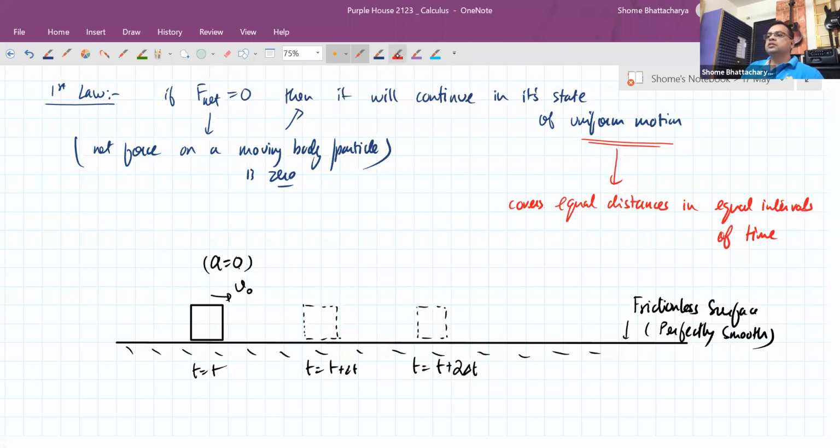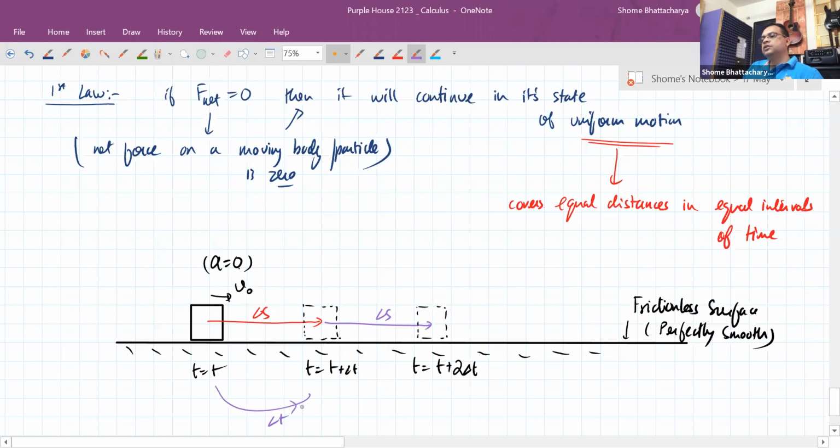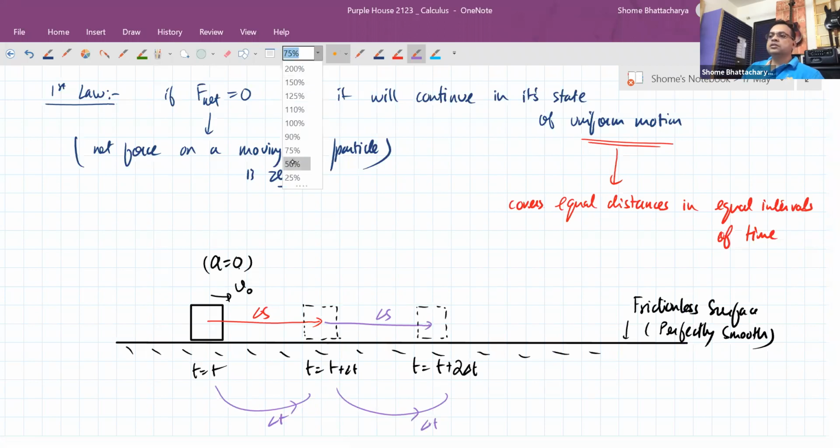Whatever distance it traveled from here to here, let's say that was delta s, that should be equal to the distance it has traveled from here to here, because it's an equal interval of time. From here to here, the time is delta t. From here to here, the time is again delta t. So in equal intervals of time, it is traveling an equal amount of distance.